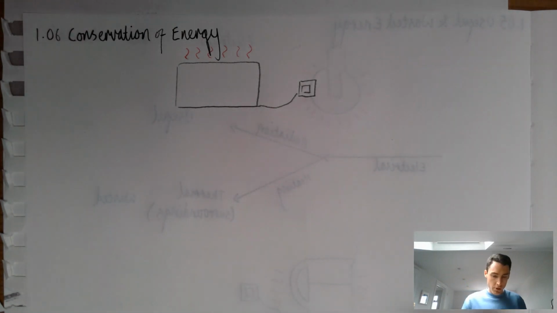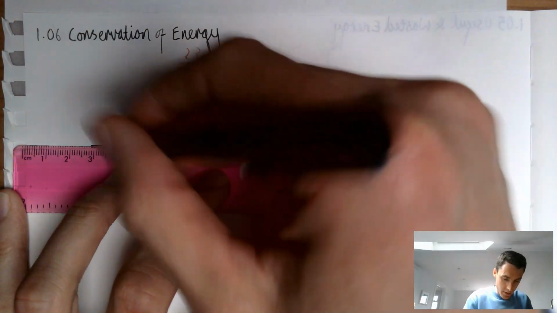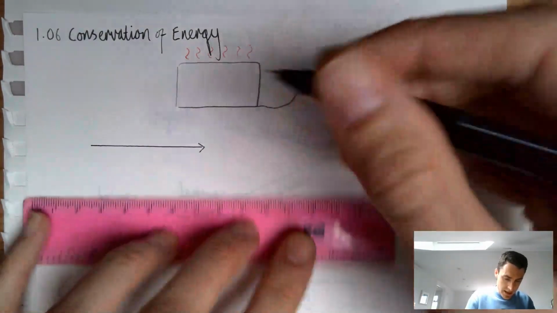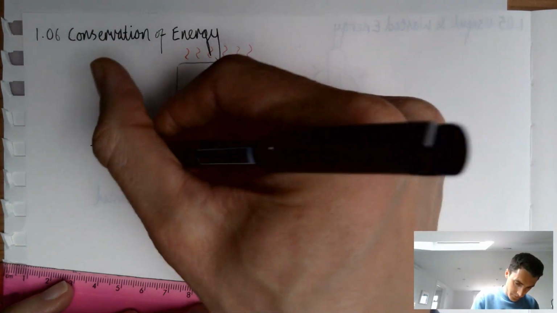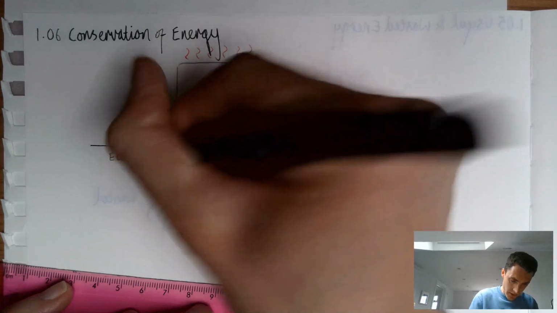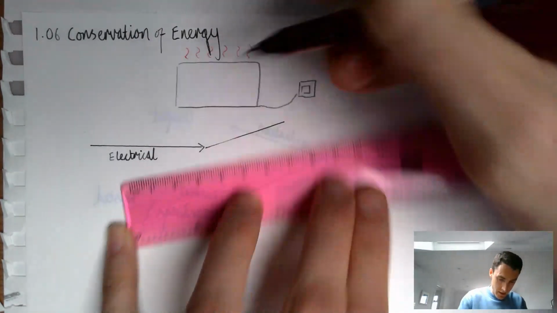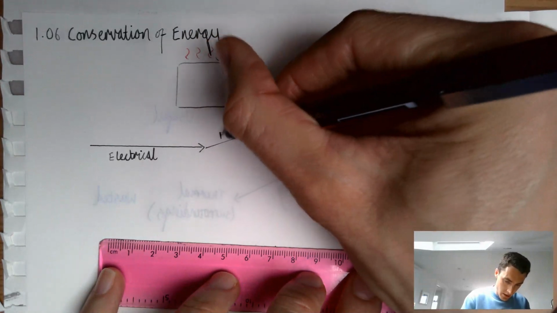And all I'm going to do is draw my same type of diagram that I've been doing in the previous 2 lessons. So I've got an electrical transfer in. My useful energy transfer out is heating, in this case toast.